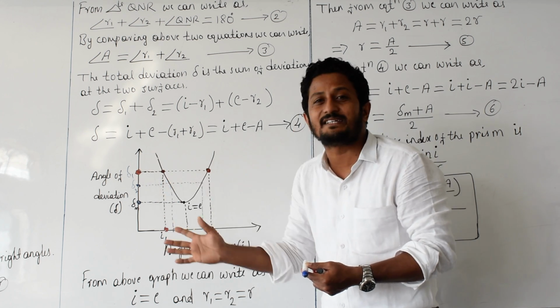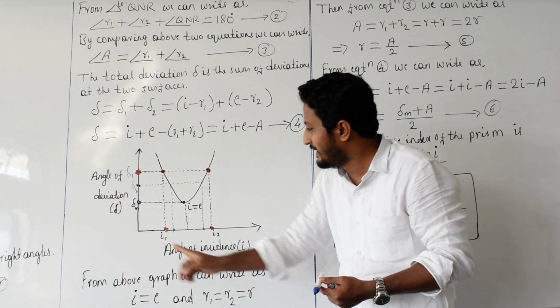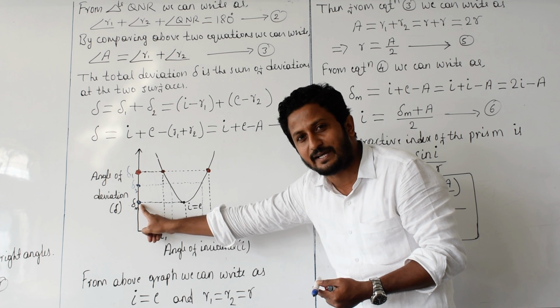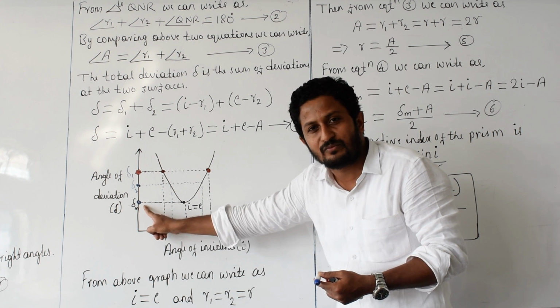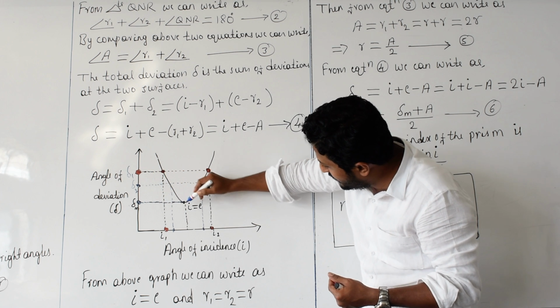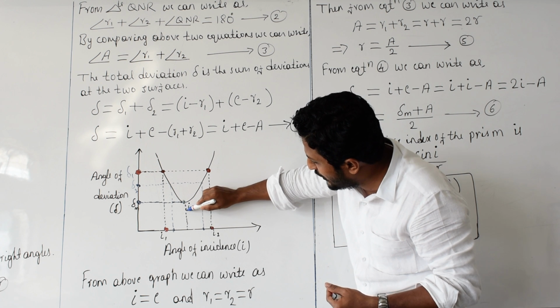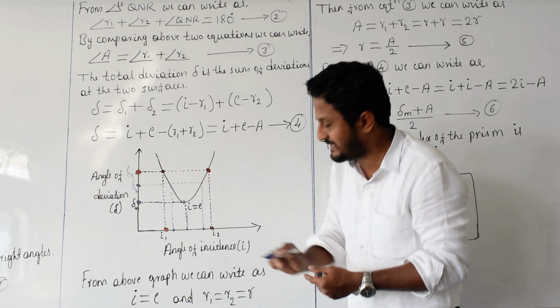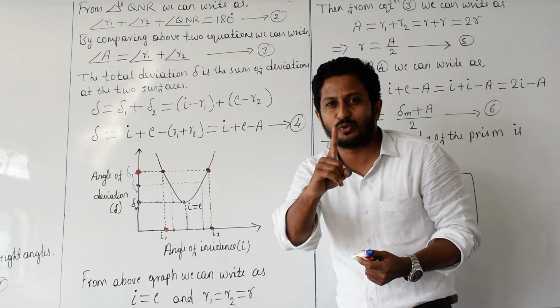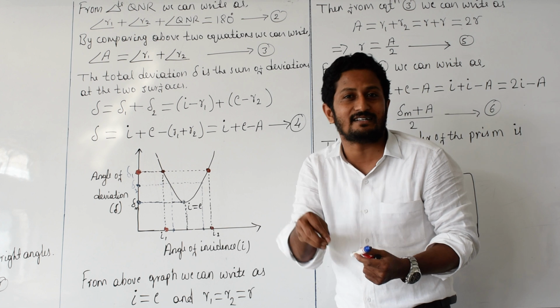Least deviation, least bending. That is delta M. For this delta M, as you come along, it touches the curve here. If you draw a perpendicular to the x-axis from that point, you get only one angle of incidence.